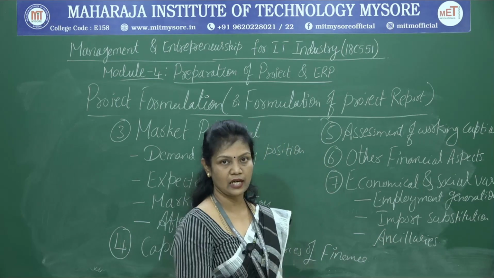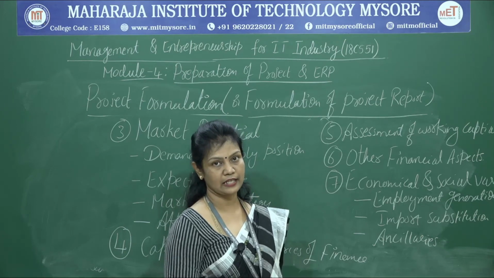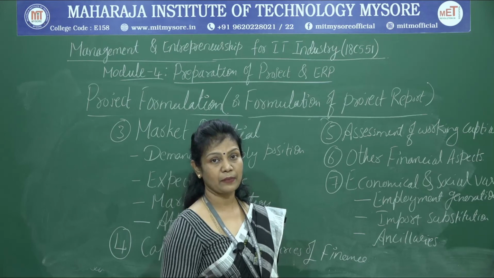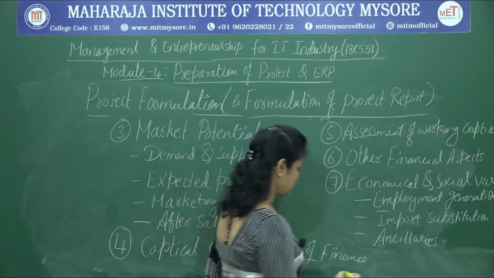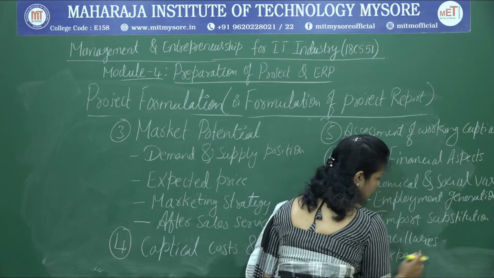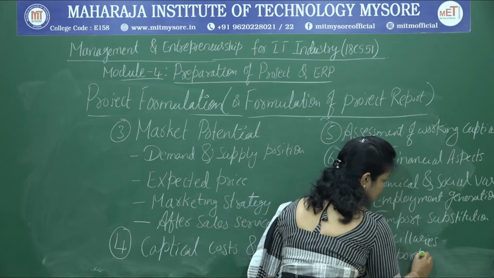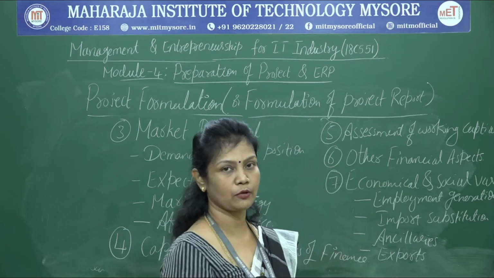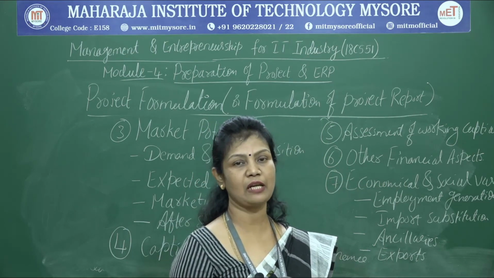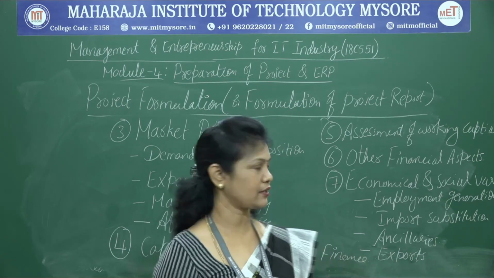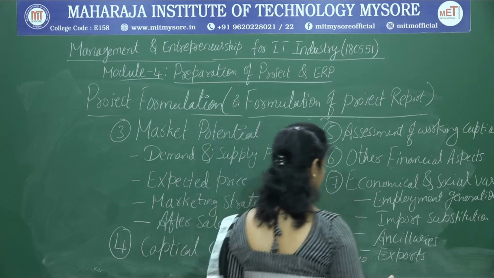So ancillaries, whether they are helping any kind of ancillary units by purchasing some of the product which is needed for the development by the organization, they have to specify here. And also whether they have taken any initiative in order to export the product developed locally to sell it in other countries needs to be mentioned here.